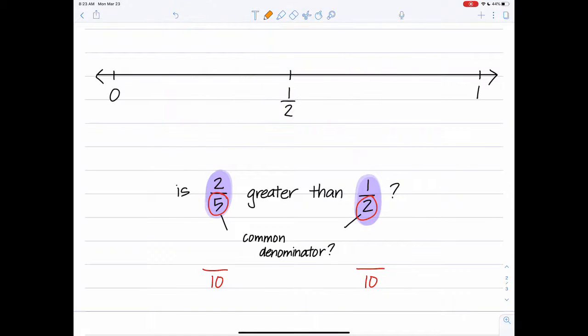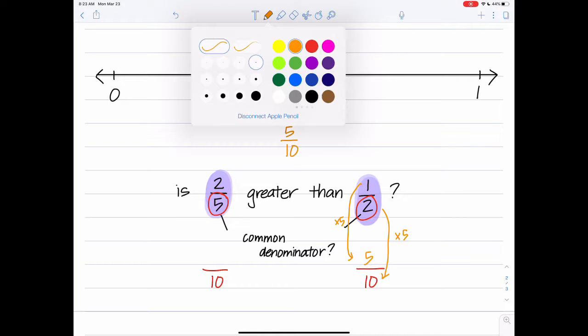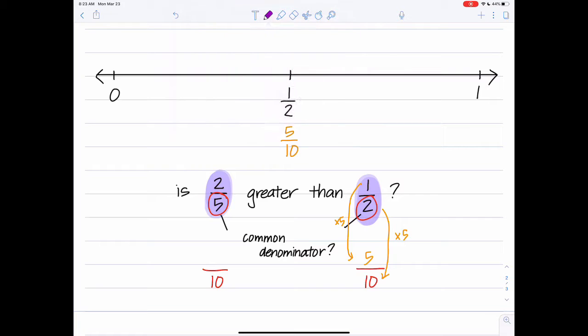So I'm going to be looking at this as tenths and making my fractions equivalent to tenths. So the first thing I'm going to do is make an equivalent fraction of 1/2 in tenths. So 1/2 is equal to 5/10. So I know that I'm going to place 5/10 on my number line. Then what I have to do is make an equivalent fraction for 2/5 in tenths. So 5 times 2 gives me 10. I have to do the same thing to the top.